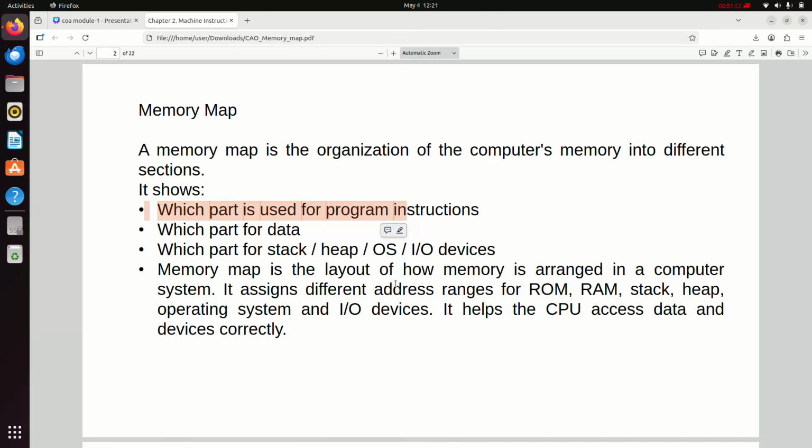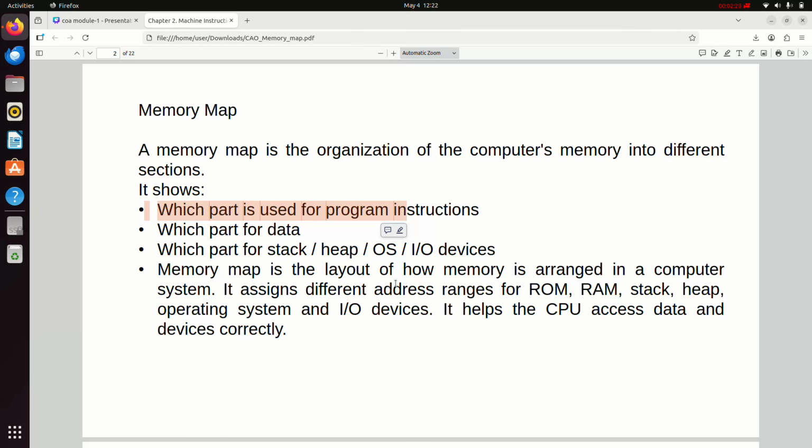So one range in the memory would be for program instruction, the next would be for data storage, the next for stack and heap, the next for the operating system, and the next for input output devices. It helps the CPU access the data and devices correctly because the memory is divided. Some part would be for program instruction, one part for the stack and heap, one part for data storage, one part for the input output devices, and one part for the operating system.